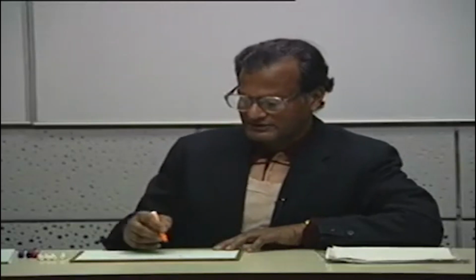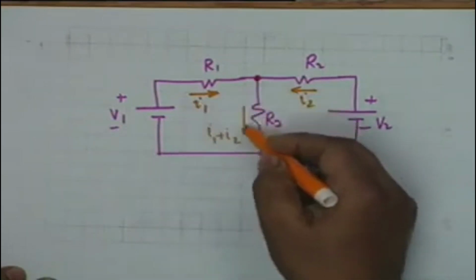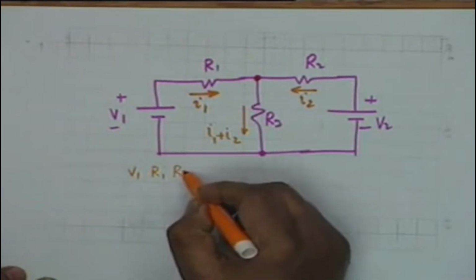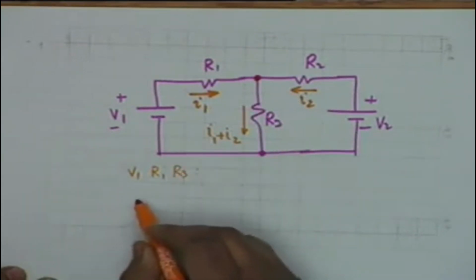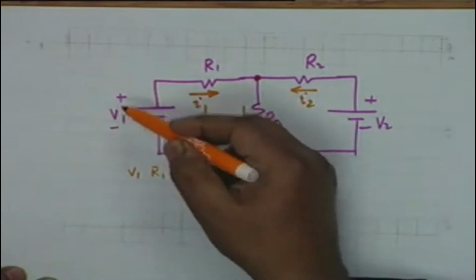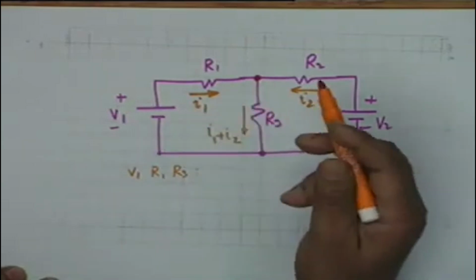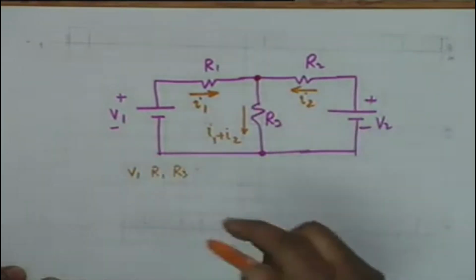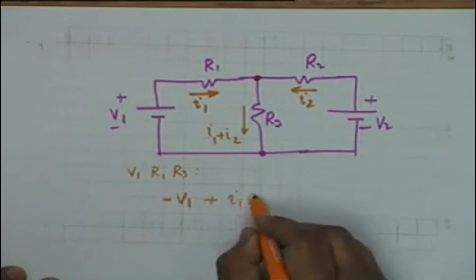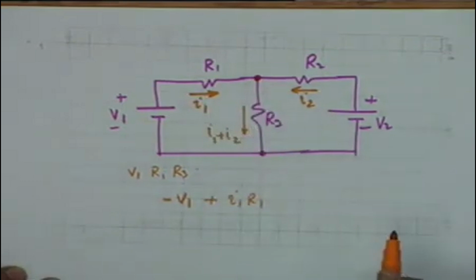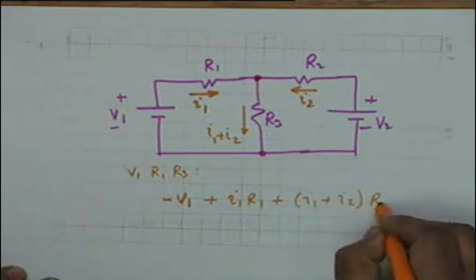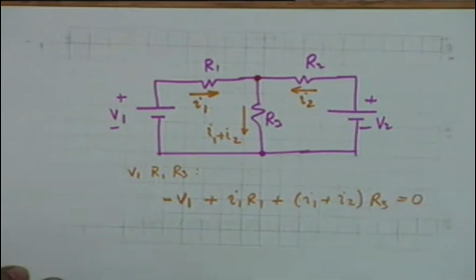That is, what you do is take this circuit first, this loop V1 R1 R3. Then in this loop, if you consider minus to plus or plus to minus as positive, then you start with minus V1 plus I1 R1, this is the potential drop across R1, plus I1 plus I2 times R3, this should be equal to 0.